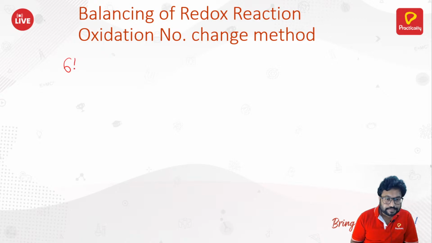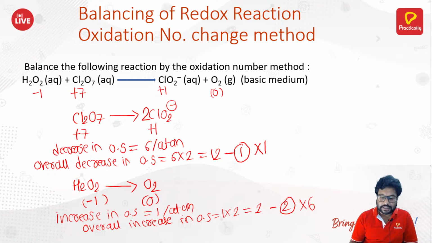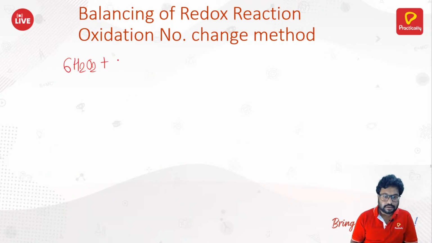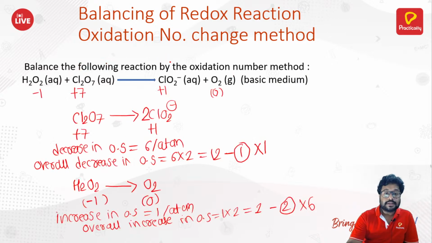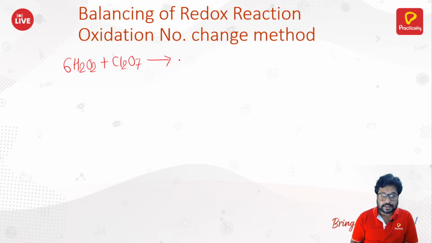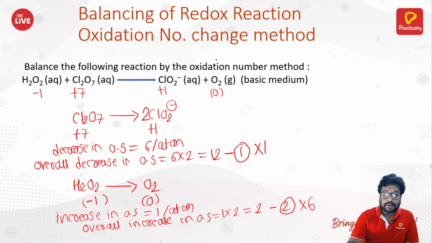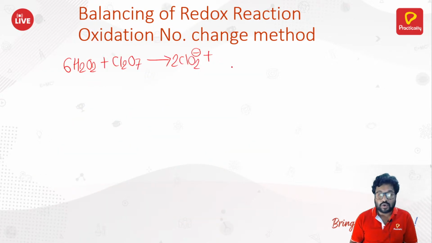6H2O2 plus you have what? Cl2O7 giving us 2ClO2 1 minus, plus lastly 6O2.